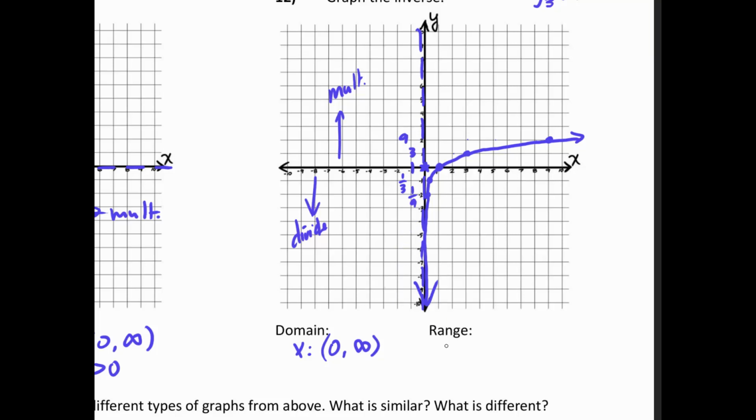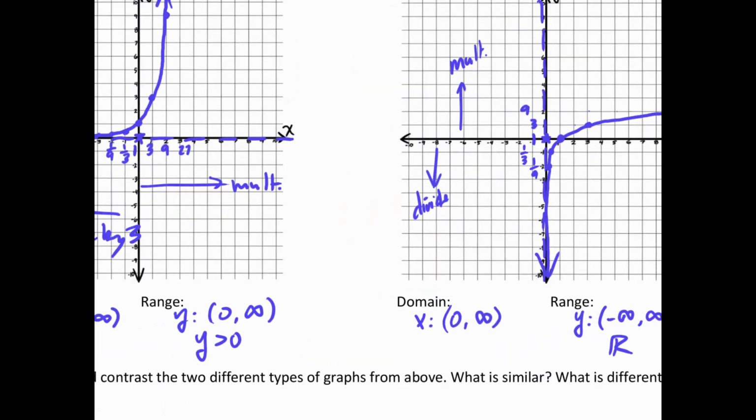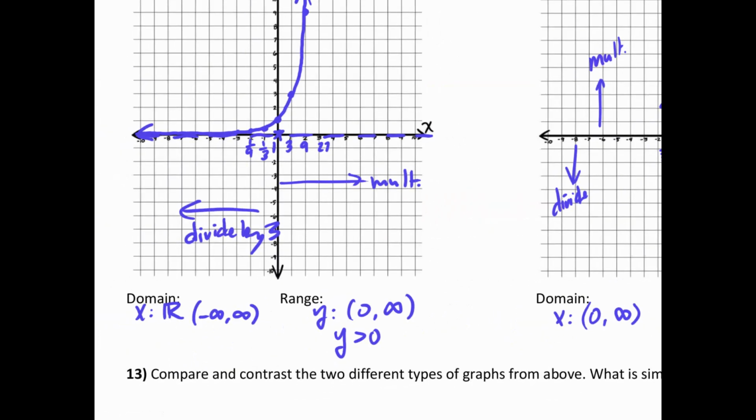So let's talk about the range, the y values. This goes down forever, and it continues up forever, not very fast, but it will keep going up. It's not limited by another asymptote. So that means I go from negative infinity to positive infinity. Now we know that's double R. If I compare that with the domain back here, they match up.